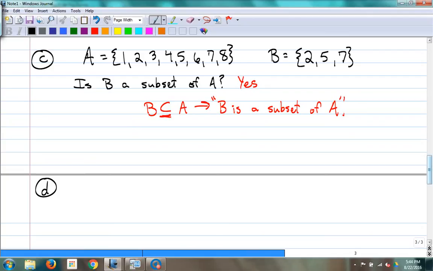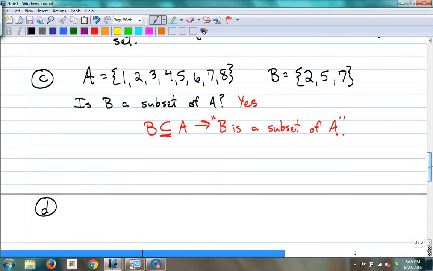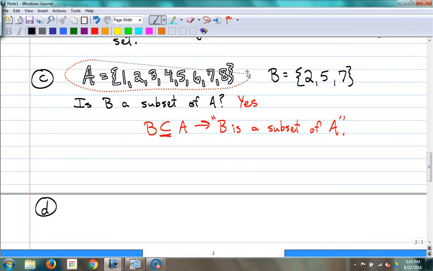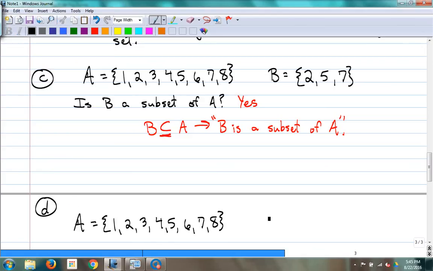All right, so let's look at another one. Let's take the same set A. I'm just going to copy that. And I want to look at set C: 10, 15, 20.